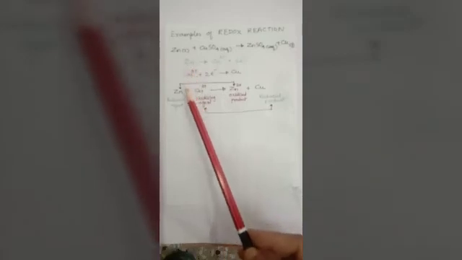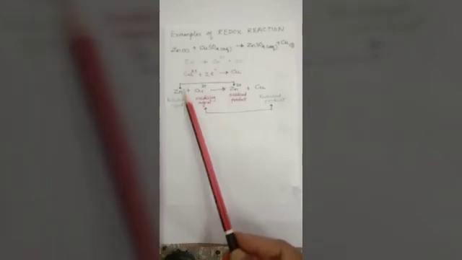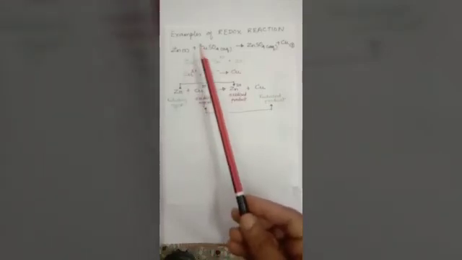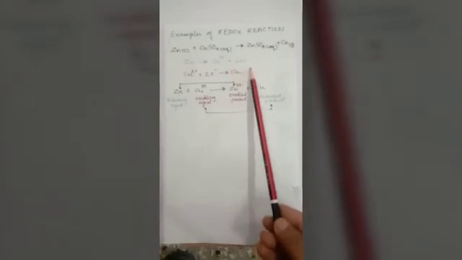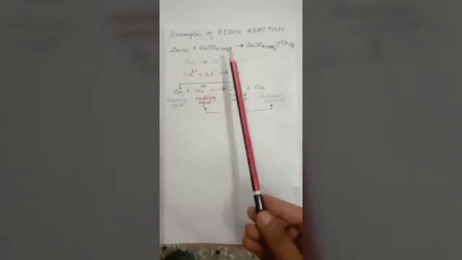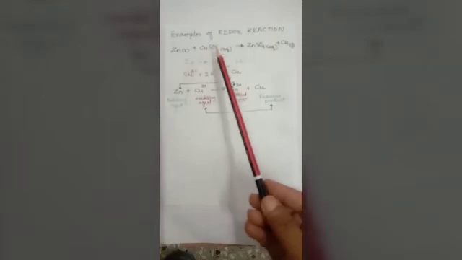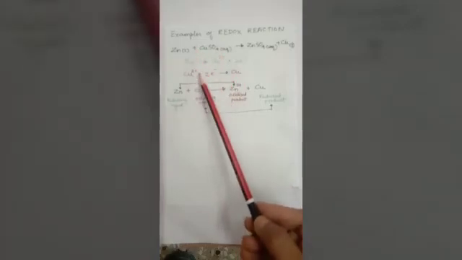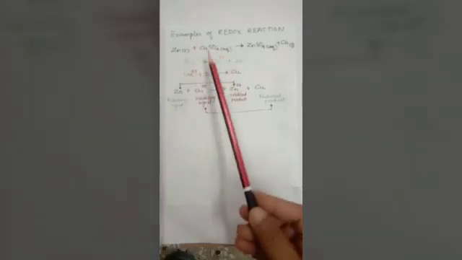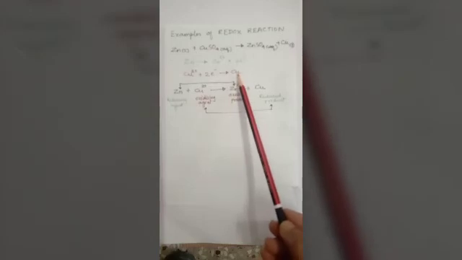If you see zinc, by transfer of electron, the zinc atom is losing 2 electrons to become Zn2 plus, and these 2 electrons go to the copper ion. CuSO4 is made by Cu2 plus and SO4 2 minus. So CuSO4 molecule is formed. So here we have Cu2 plus. This Cu2 plus ion in copper sulfate is going to gain these 2 electrons and form copper atom. So it is becoming neutral.